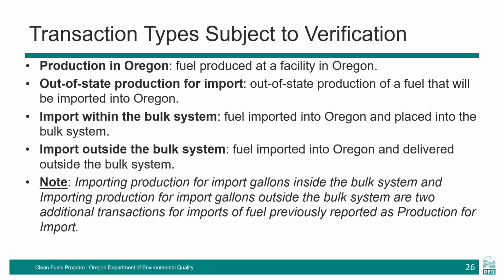There are also two additional transactions for imports of gallons that have been previously reported as production for import. They follow the same breakout as the other two, with imports inside and outside of the bulk system. These are importing production for import gallons inside of the bulk system and importing production for import gallons outside of the bulk system.